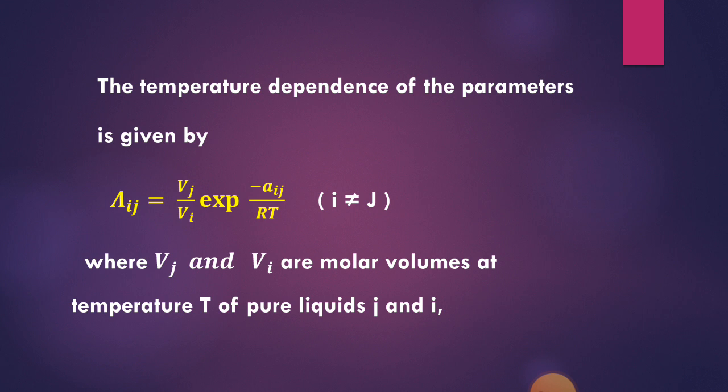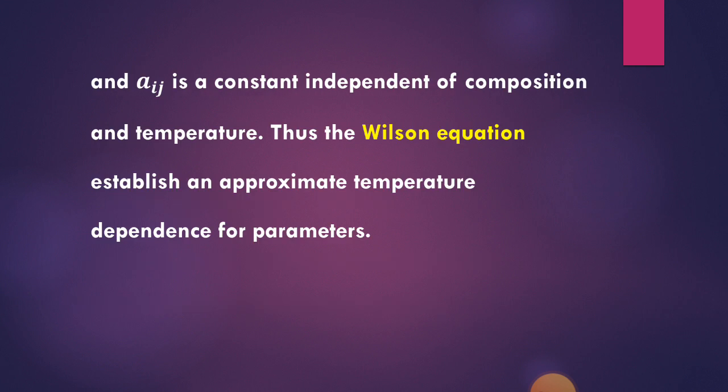Here i is not equal to j; only then can we write the temperature dependence. Here Vj and Vi are molar volumes at temperature T of pure liquids i and j, and Aij is a constant independent of composition and temperature.